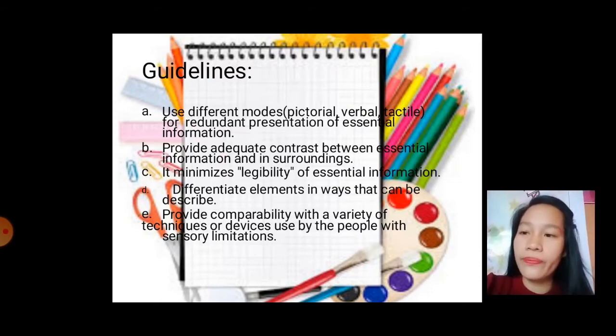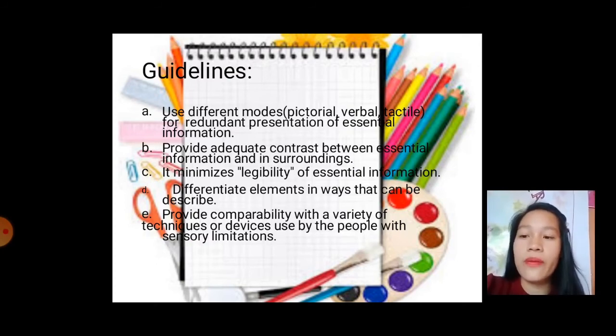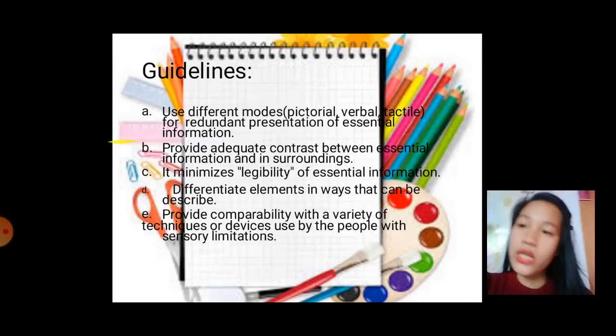And letter B, provide adequate contrast between essential information and its surroundings. Letter C, maximize legibility of essential information. Letter D, differentiate elements in ways that can be described. And letter E, provide compatibility with a variety of techniques or devices used by people with sensory limitations.